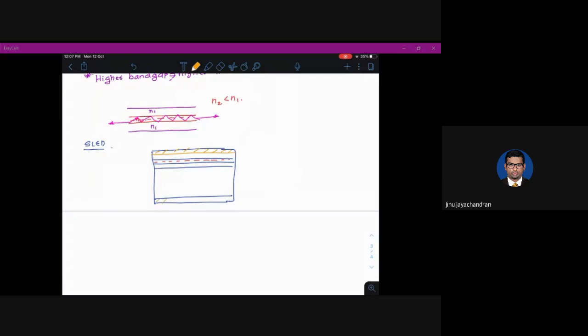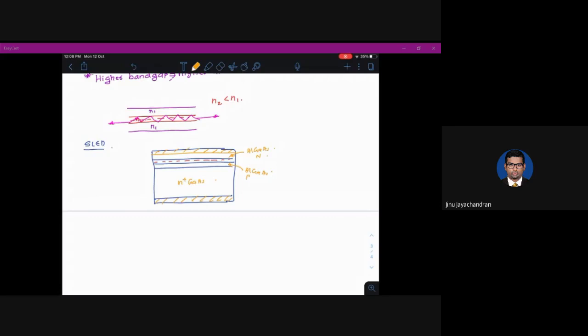At the bottom also there is a metal contact. This can be aluminum gallium arsenide, this can be P, this can be N. Let's say an N plus gallium arsenide substrate.